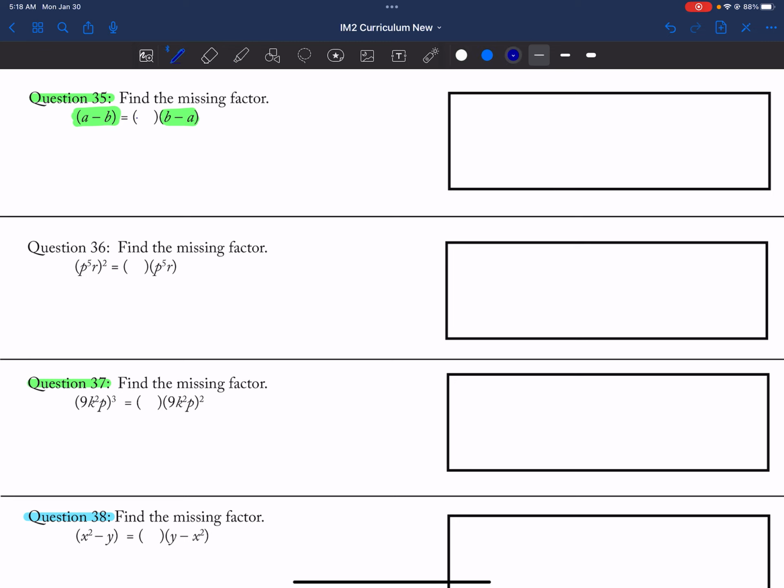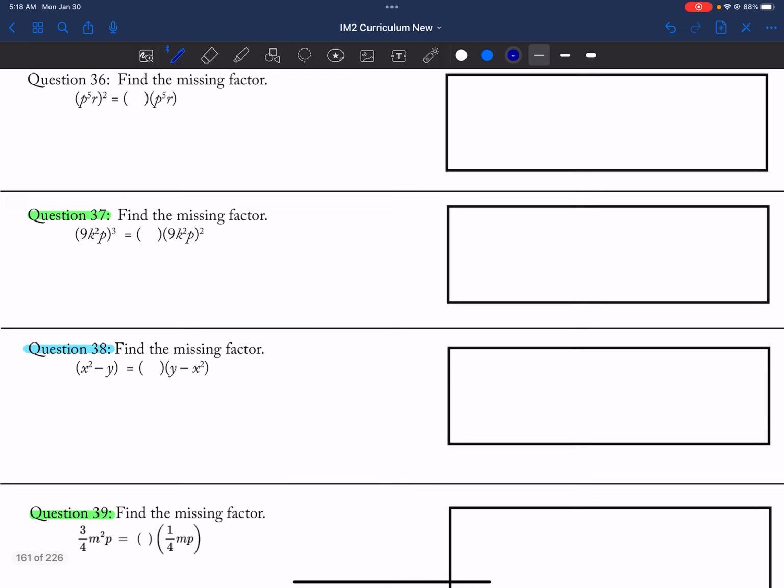So if I multiply this by -1, what actually happens is it makes it a negative b plus a when I do distributive properties. So then I would get a minus b when I rearrange it. So my missing factor is -1. Because when I do distributive property to check, I actually get the left-hand side.